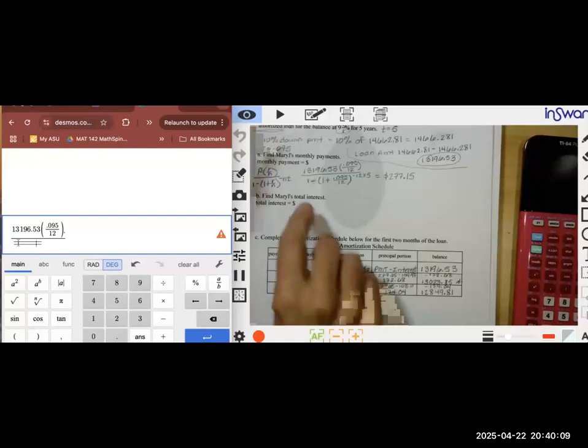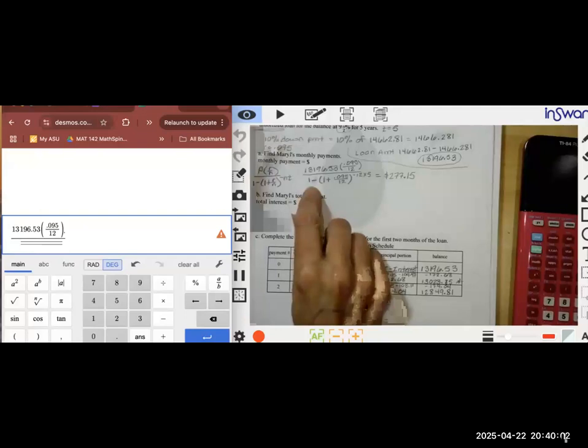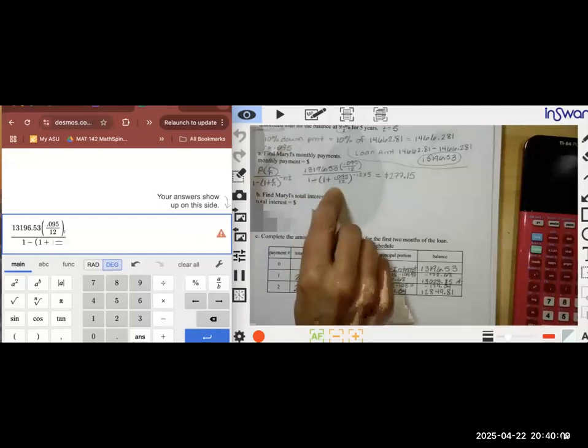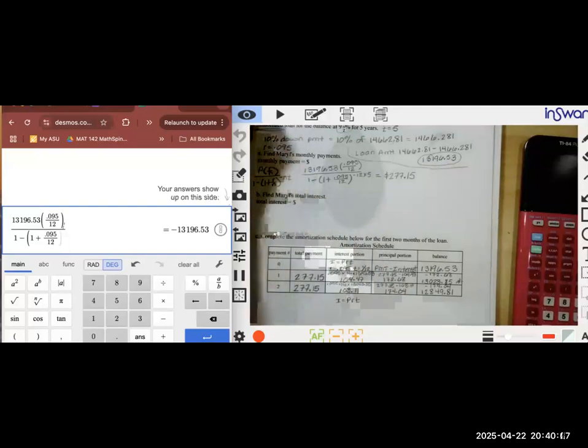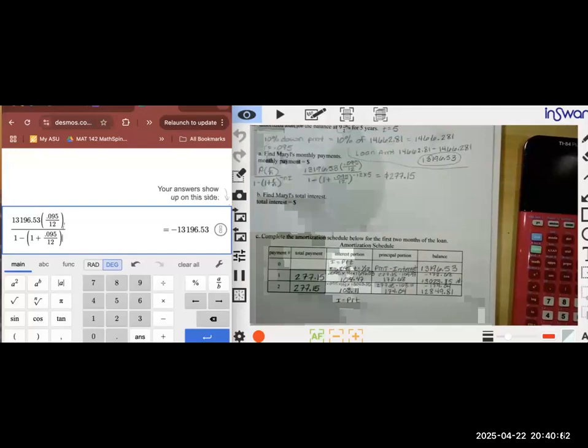And I click in the bottom part. So 1 minus parenthesis 1 plus 0.095 divided by 12. All right, so now I know I need to arrow over, do my parenthesis. You can also arrow over on the Desmos above the X. Yeah, I like doing stuff on my keyboard rather than having to go back and forth.